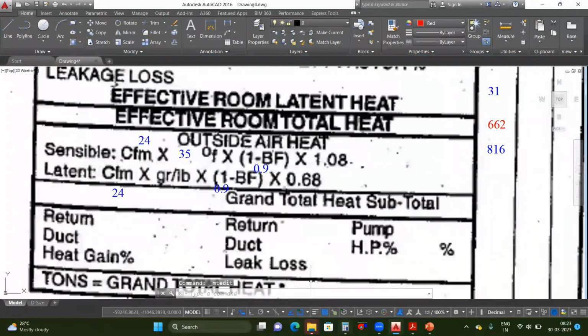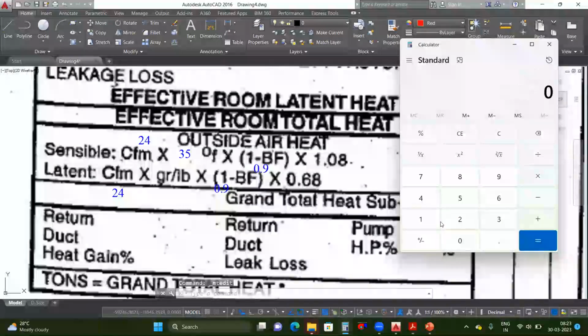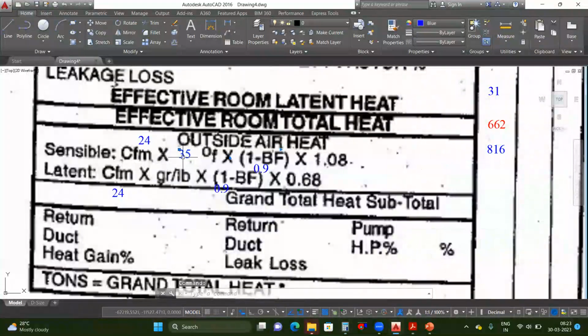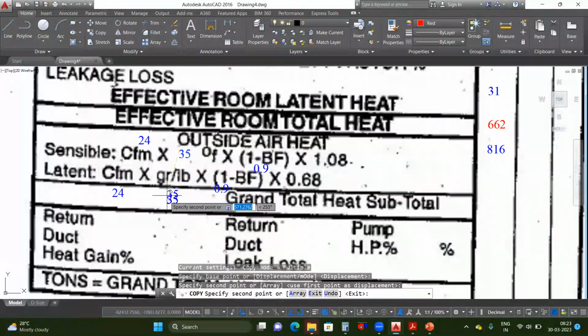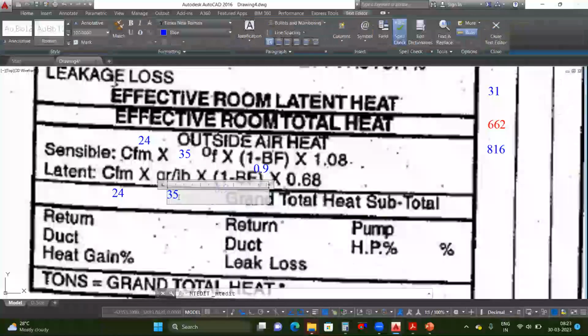Okay, next one is the same 24 CFM multiplied by, here it is grains per LB. Grains per LB is the difference, my humidity ratio inside minus outdoor. We have already taken that, so we need to take it here.